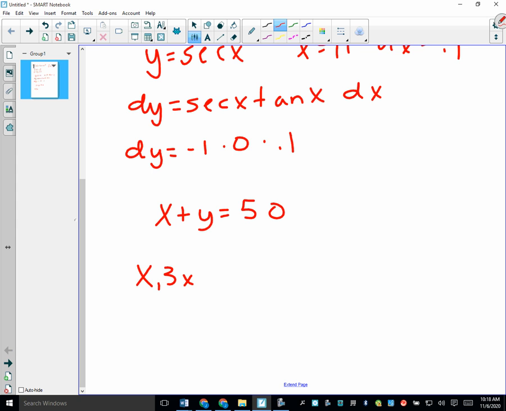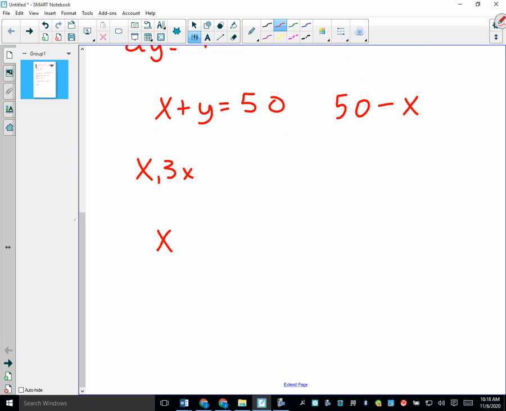What is the maximum product of one number times 3 times the second? Wouldn't it be x times 3y? So if one number is x, is the other number 50 minus x? Yeah. So it is x times the second number, which is 3 times 50 minus x.